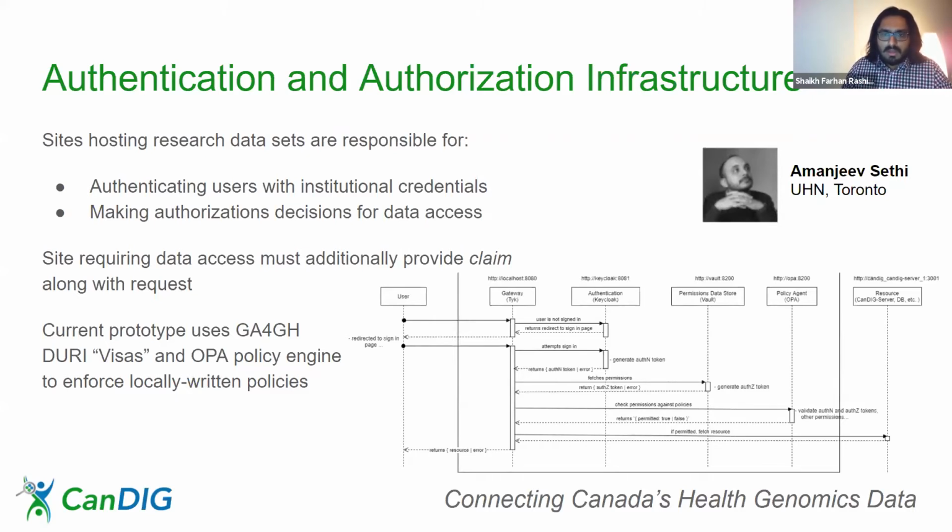The work that some of my colleagues at CanDIG have done has really made great strides in the adoption of the GA4GH Passport Visa model for authorization, and using OPA in order to facilitate these authorization requests.